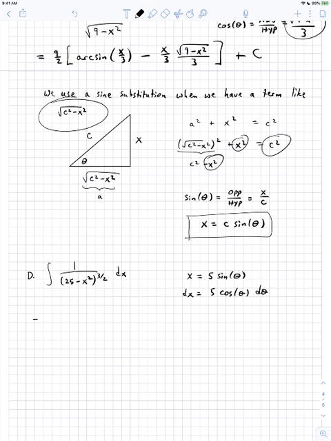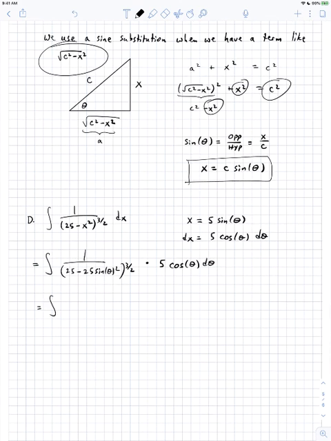So now if we plug all of this stuff in, we'll have 1 over 25 minus 25 sine squared theta, and all of this is raised to the 3/2 times dx, which is 5 times cosine theta, d theta.